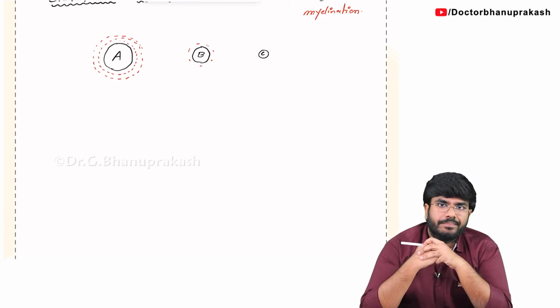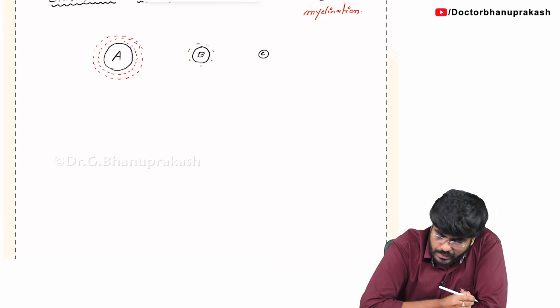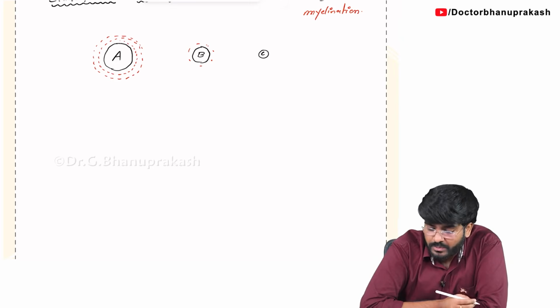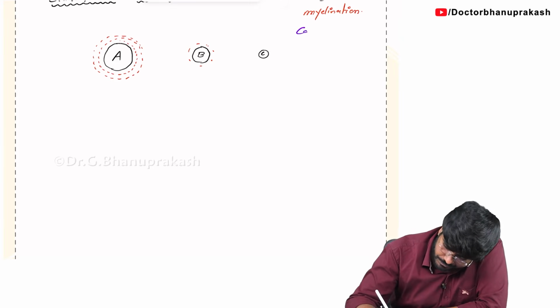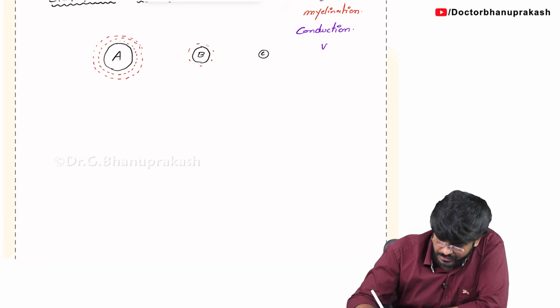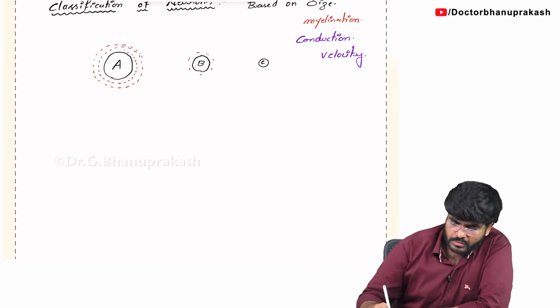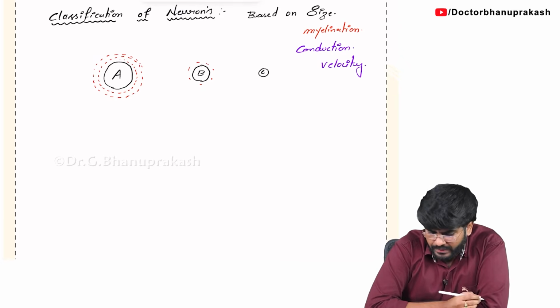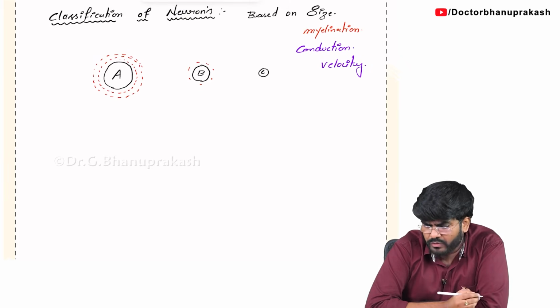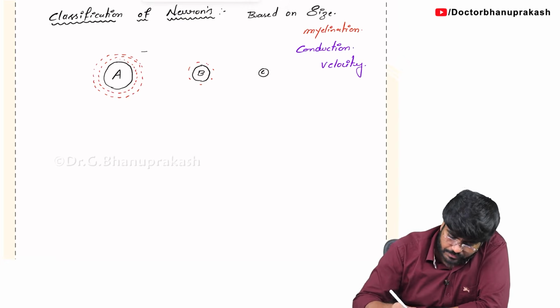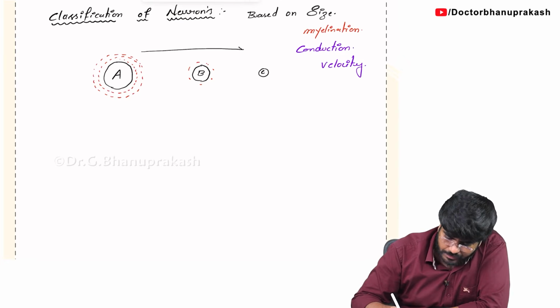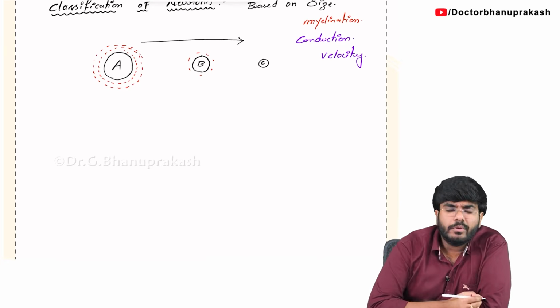So between A neurons, B neurons and C neurons, one more difference is there, that is conduction velocity. So these are the three differences between A, B and C. Now my question to you: as we go from A to B to C, what is going to decrease?